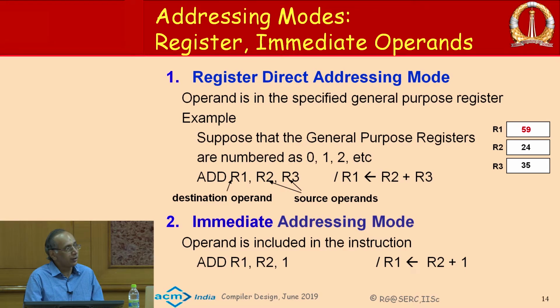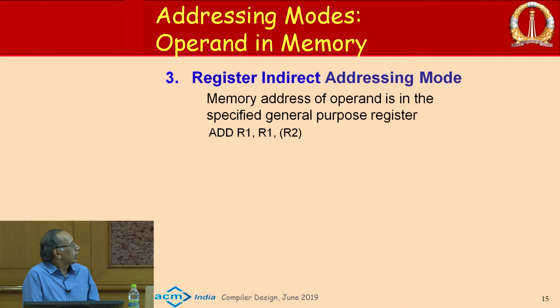In the immediate addressing mode, the operand is a small constant and is typically available as a part of the instruction. Either you write it just like a number, or you put a hash sign and then write the number, depending on the convention followed in the particular assembly language. The idea here is that you add the contents of R2 with the value 1 and put the result back in R1. Let us look at the register indirect addressing mode.